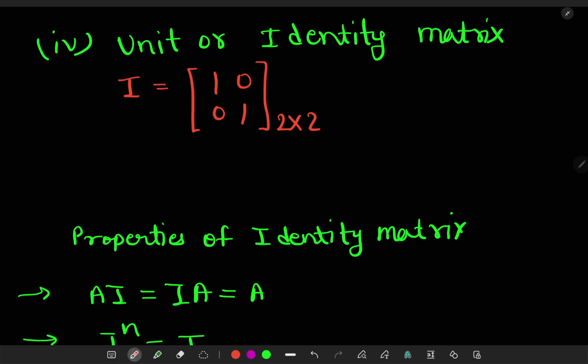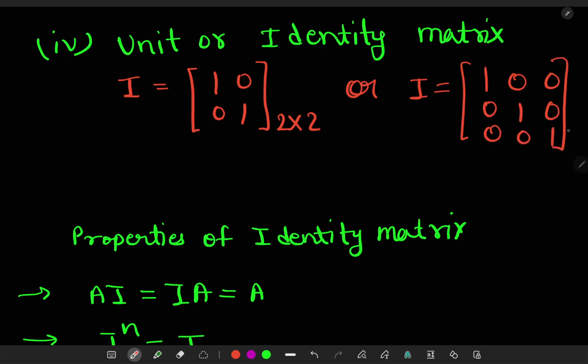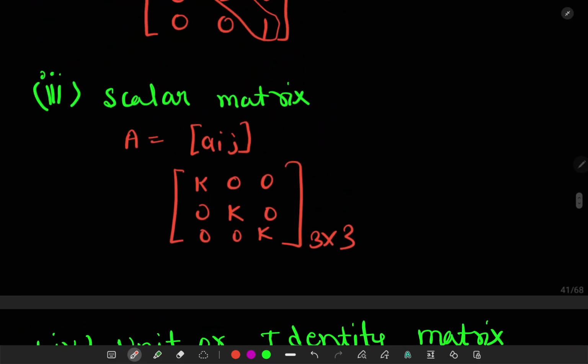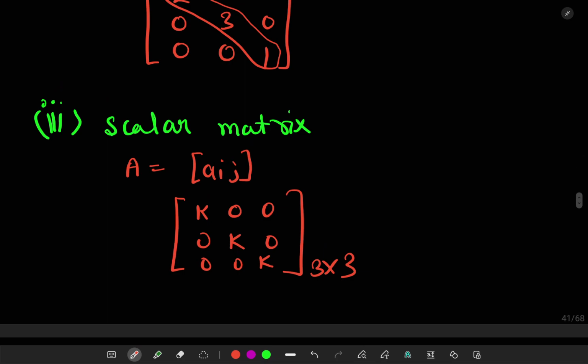This is called identity matrix of order 2, and this is an identity matrix of order 3 into 3. In a scalar matrix, if k is equal to 1, then we get the identity matrix.